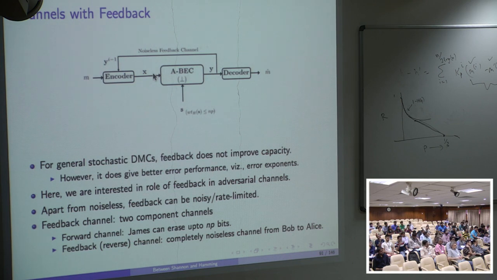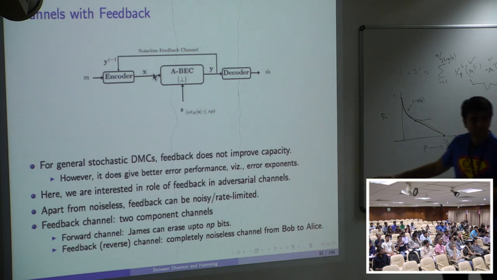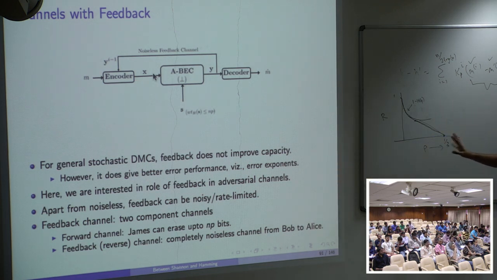And again, we'll see an explicit example of this when we come to causal adversaries. But I did want to point out, before I move on to other models in the erasure case, that even the feedback case is quite intricate, even with something as simple as bit flip adversaries. And the result over here is due to Berlekamp, and there are some nice combinatorial ideas here.